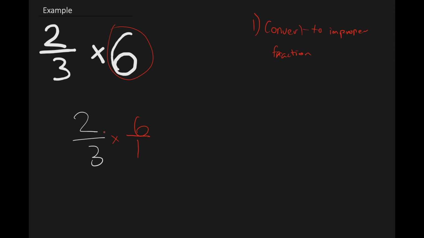So now we're doing 2/3 times 6 wholes. This should be pretty simple. You do 2 times 6 and 3 times 1. 2 times 6 is 12. 3 times 1 is 3. So this is 12/3. And you simplify if you can. And this would simplify to 4.